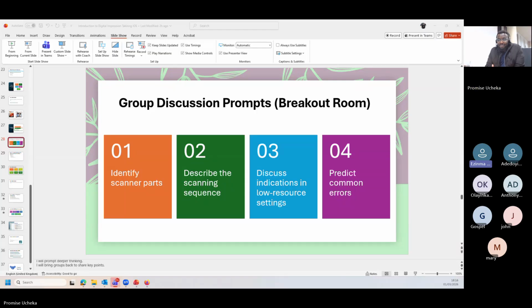And more so, unlike the normal impression, where you may take an impression and feel it is okay, but when it gets to the lab they notice a particular place that needs to be repeated, with intraoral, as you are taking the impression and there is an error in it, the machine indicates to you that there is an error, especially with the bite.